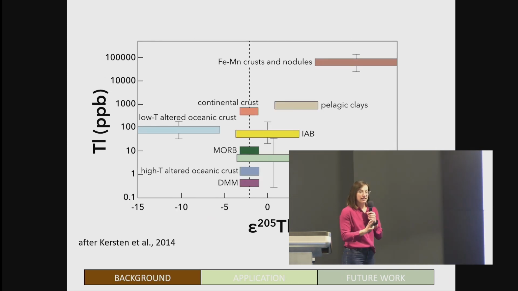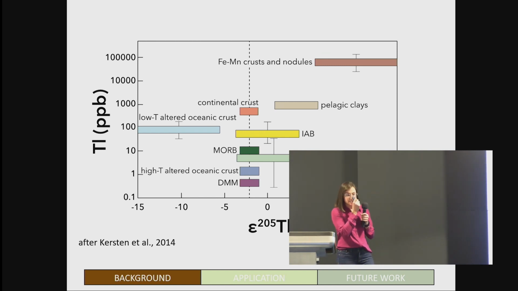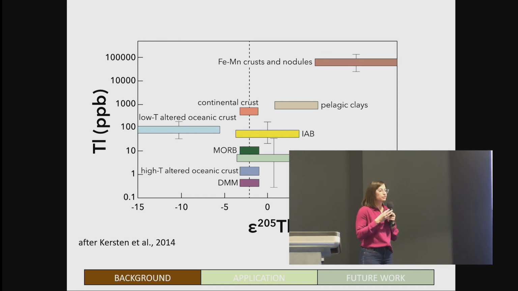Now, if we were to look at common geologic reservoirs of thallium, there are two that are very, very different from one another and shift the isotopic composition to two extremes. So in the upper right, we have iron and manganese nodules. So these are very, very oxidizing environments.